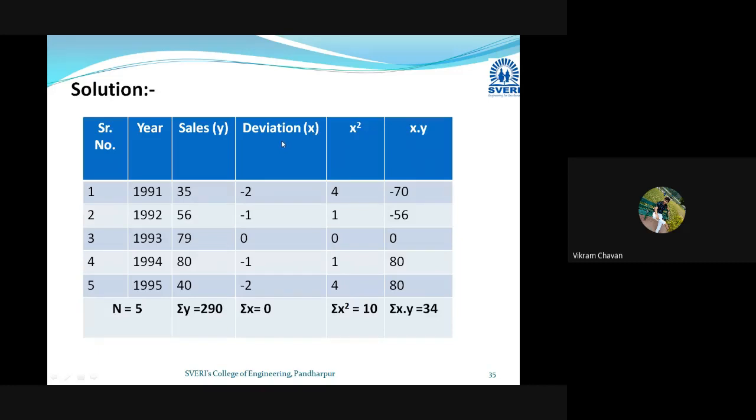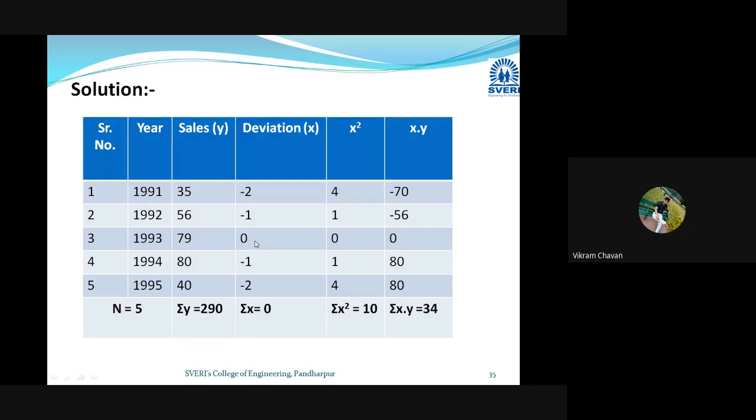Now we have to make the summation of all the deviations equal to 0. This is the prime important thing to calculate the constants a and b in the equation. Whatever the two normal equations are provided, it will be difficult if summation of x is not equal to 0.